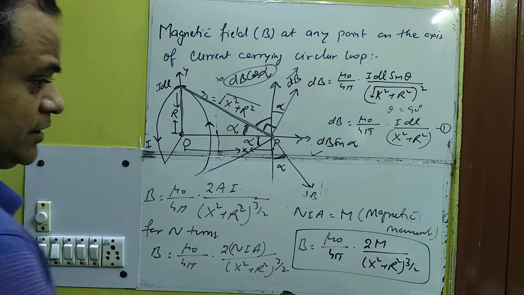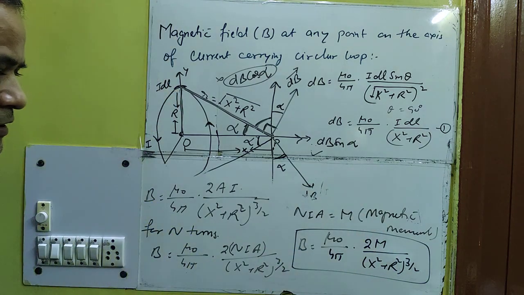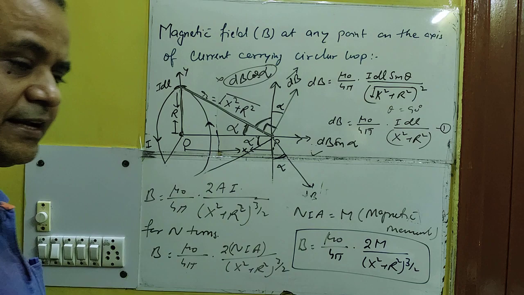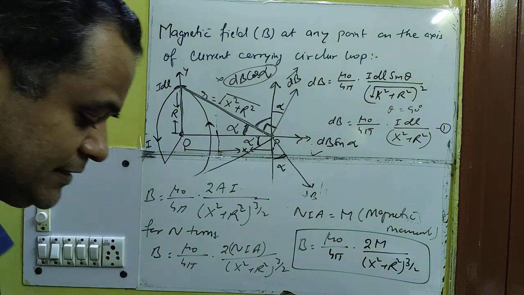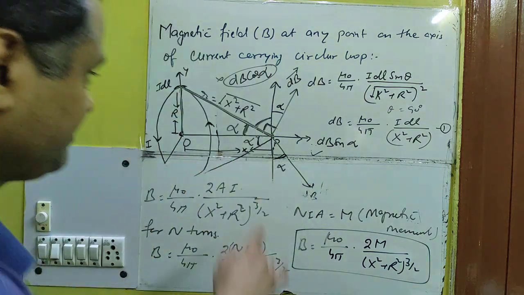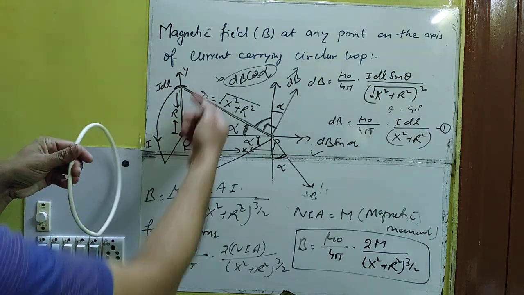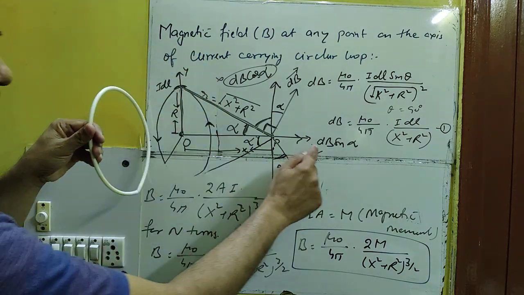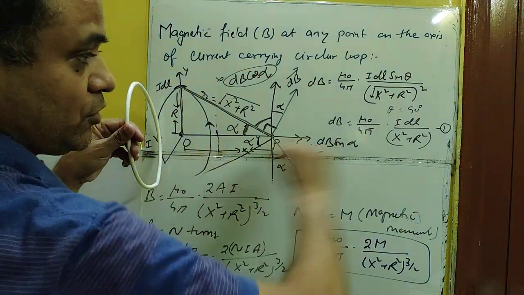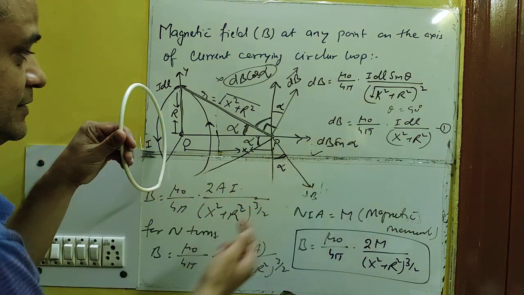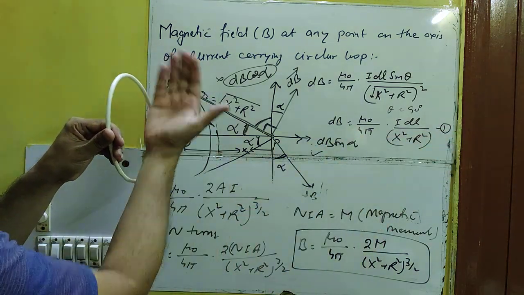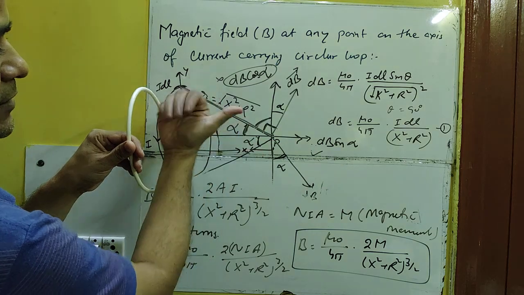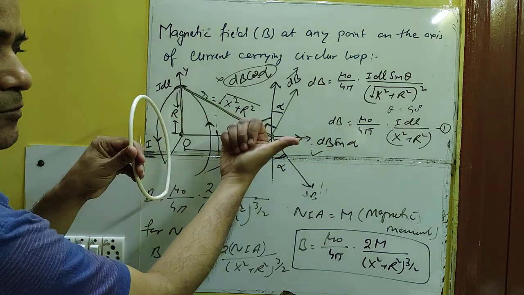Now, what is the direction of M? Direction of M is similar to the direction of B. For finding the direction of magnetic field, look at the picture. This is the current. The direction of magnetic field is because of dB sin alpha, meaning all magnetic field is towards this direction, the x-axis. This is the direction of current, so this is the direction of magnetic field, and this is also the direction of magnetic moment.